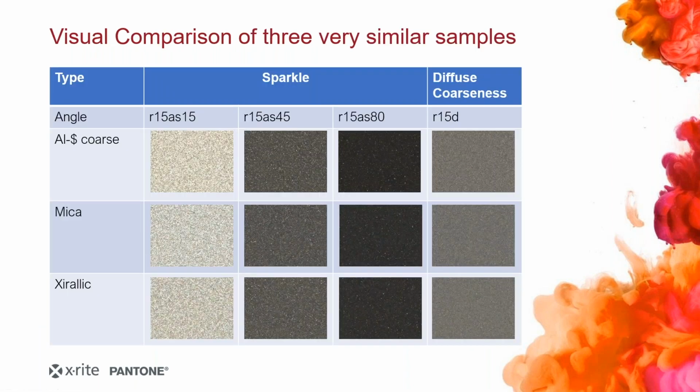If you do a visual comparison of 3 similar samples, then you see under the direct angles, or here within the face angle, we see a gray. It doesn't matter if it's an aluminum silver dollar, or mica or ceralic. Mostly it looks similar. And you also see this under the different angles, to the 80-degree angle or at the 15-degree angle, and even in the coarseness, they look similar. But what makes the difference?